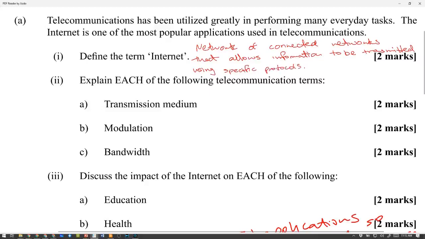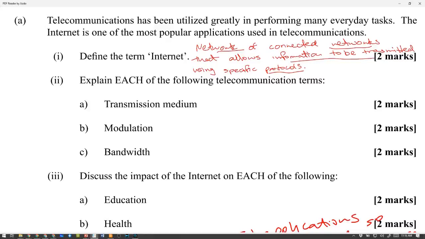Right, so you must be able to say there's a network of connected networks and transfer of information. Putting in specific protocols is just a little cherry on top that I put. But a network of connected networks is the first part, and they allow information to be transmitted within the network.